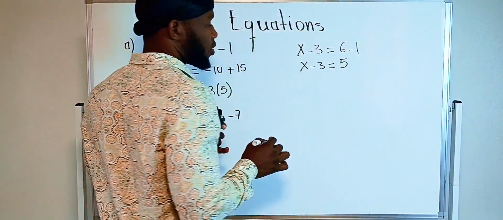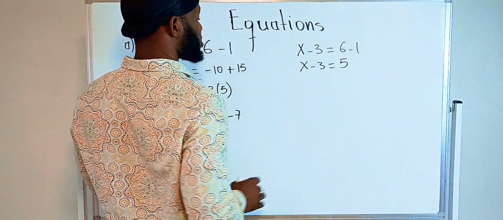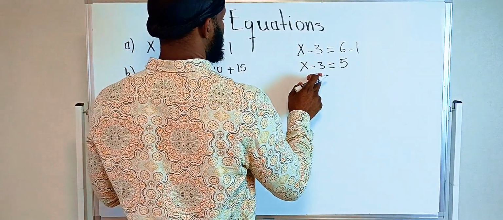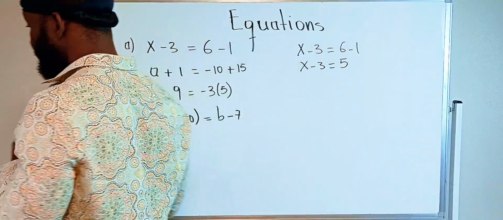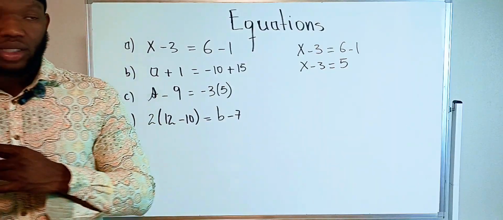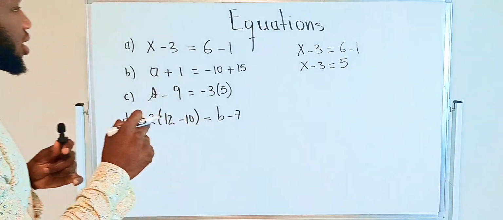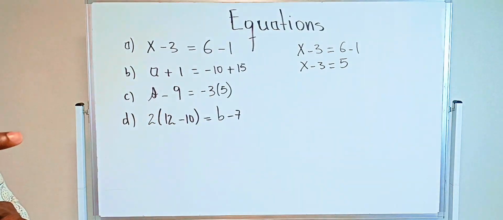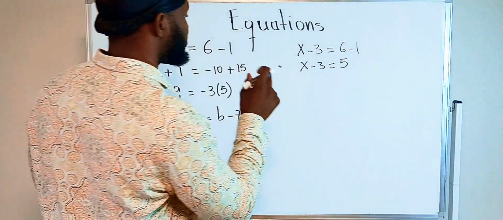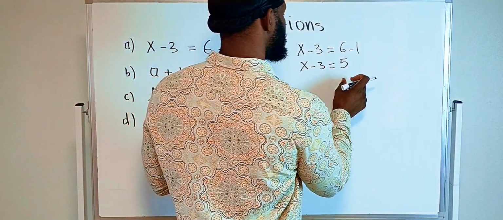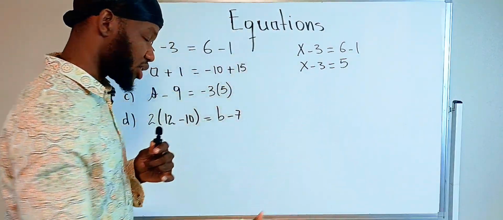So to do that, we gotta get rid of this 3 over here, and we gotta make sure that we keep the equation balanced. Let's say keep this part still equal to this part without changing the equation.